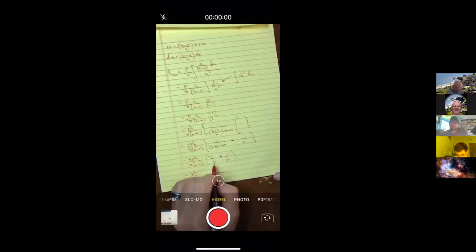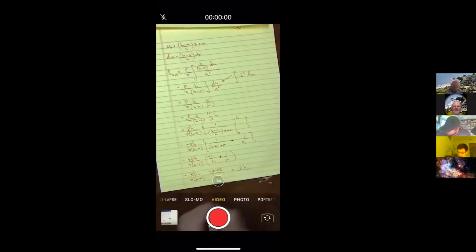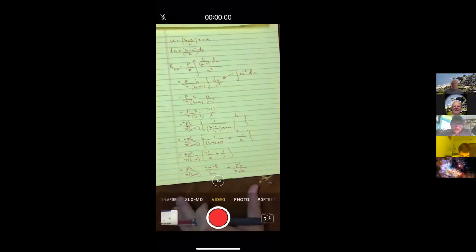To get this, you would have to multiply by an a, and to get this to the common denominator, you'd have to multiply by b. And of course, that is b minus a, which is the same as that. So those would cancel off. So you'd have rho, you'd have an h, and then you'd have a pi, and then I'll just put it in alphabetical order, a times b, because I think that's what they listed. Yeah. And so sure enough, to show that the resistance is, and that's the little formula.